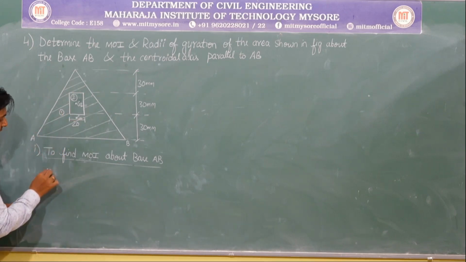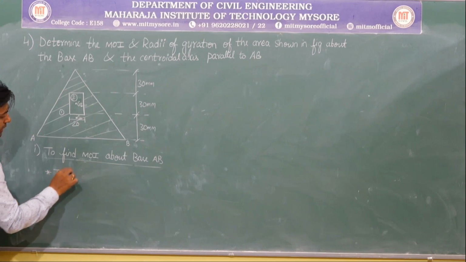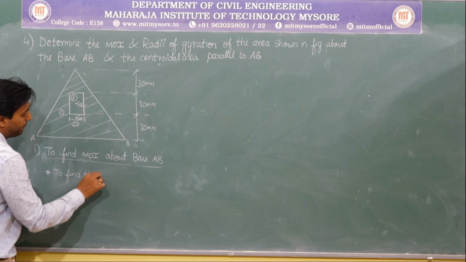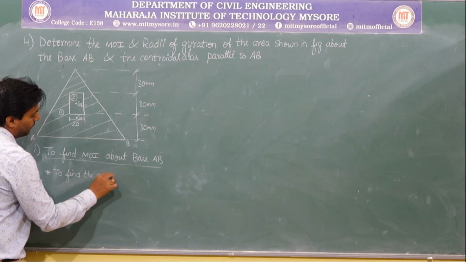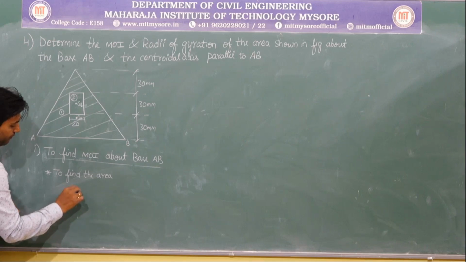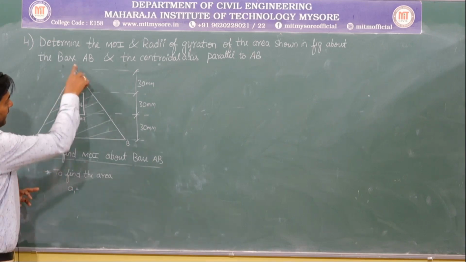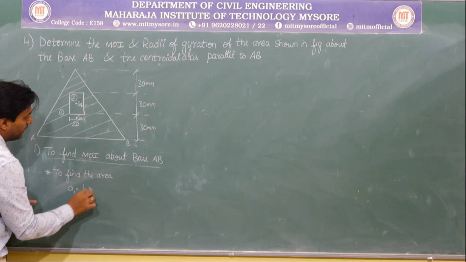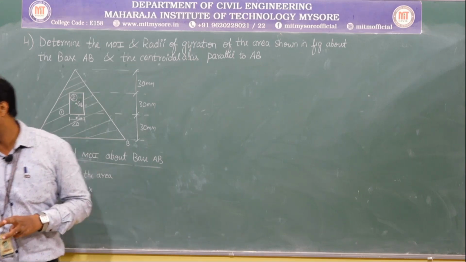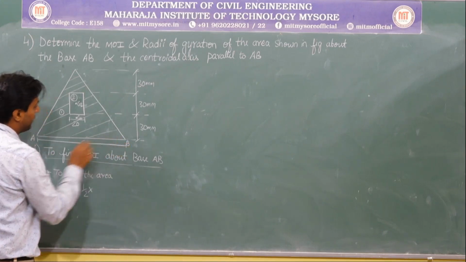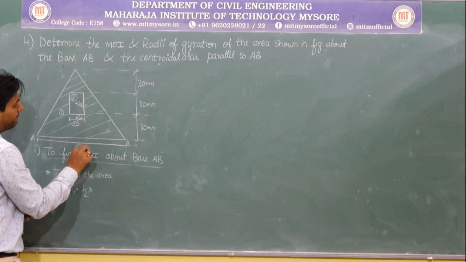To find the area, let me calculate the first one. What is A1? A1 is nothing but the entire triangle. So, it is half into base. The base value I forgot to write, so it is 100 mm. Please make a note of it. It is half into base into height. What is the total height? 90.